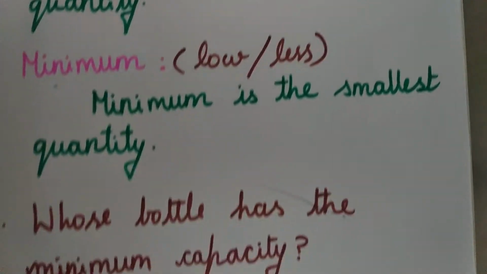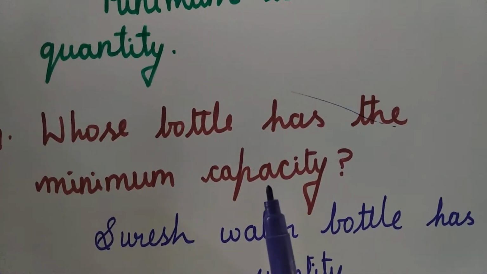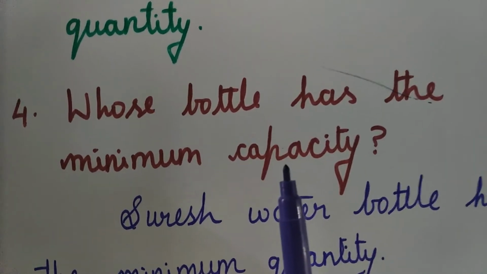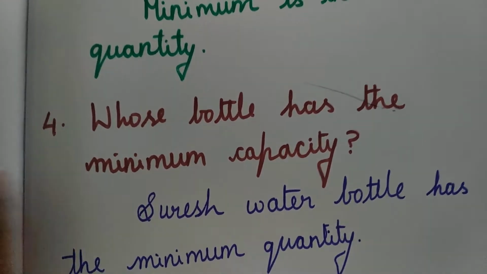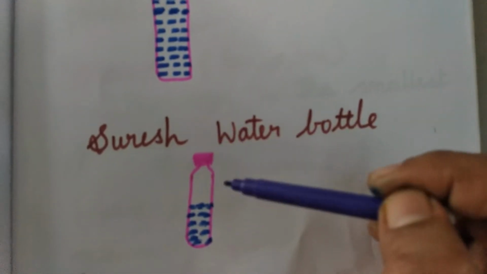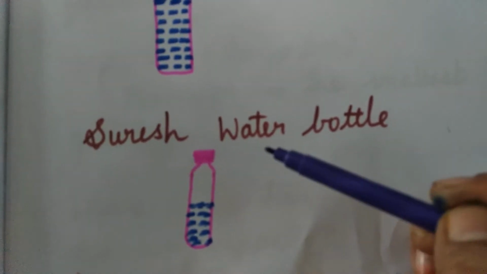Yes. Now see the next question. Whose bottle has the minimum capacity? Minimum means low or less. Now compare these two. Whose bottle is less? Yes, very good. Suresh's water bottle.